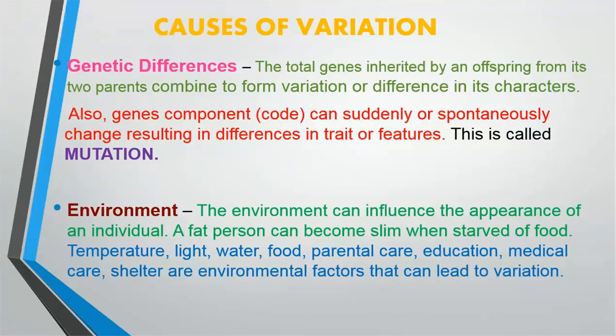So temperature, light, water, food, parental care, education, medical care, shelter are all environmental factors that can lead to differences or variation among organisms of the same species. So environment can also be called acquired characteristics.